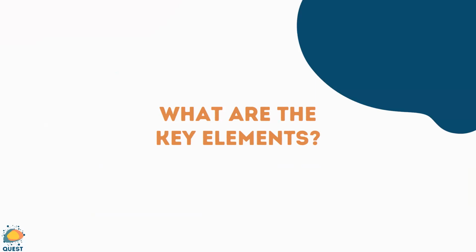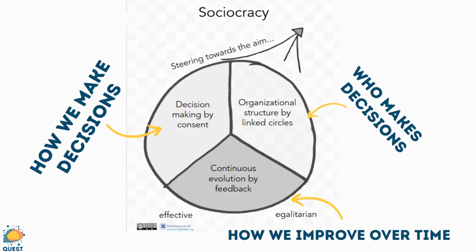So what are the key elements of sociocracy? Being a form of governance, every time we have a governance, we need to understand three main pillars. The first one is how we make decisions. The second is who makes decisions. And the third one that we would add is how we improve over time.